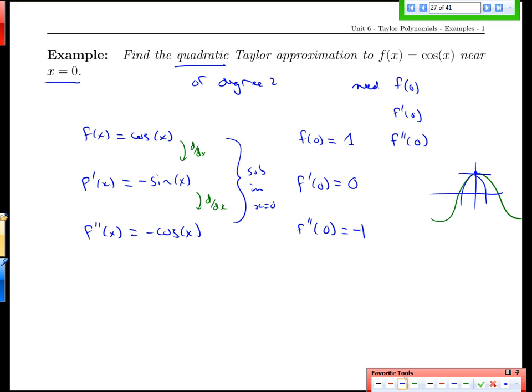Once we have these three values, it's simply a matter of applying the formula. So our second degree Taylor polynomial, p for polynomial, 2 for second degree, which is approximately cos of x.